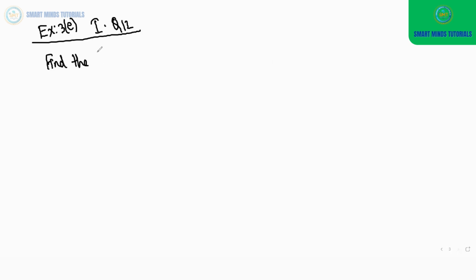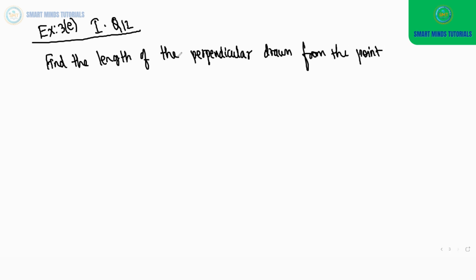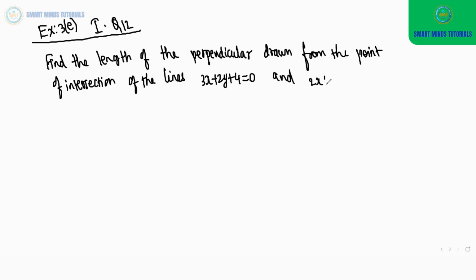Find the length of the perpendicular drawn from the point of intersection of the lines 3x plus 2y plus 4 is equal to 0 and 2x plus 5y minus 1 is equal to 0 to the straight line 7x plus 24y minus 15 is equal to 0.